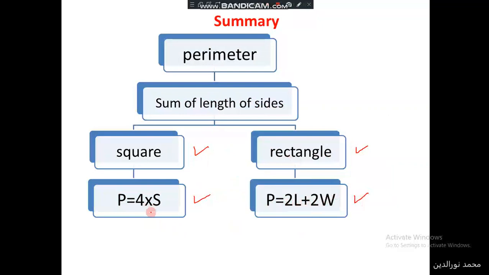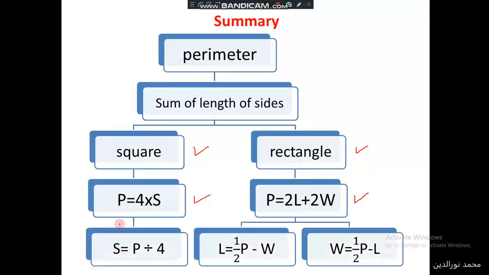If we want to find the side of a square, side equals perimeter divided by 4. If we want to find the length of the rectangle, length equals half perimeter minus W, and width equals half perimeter minus length.